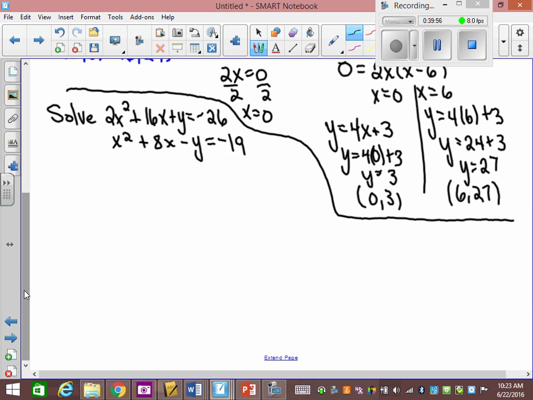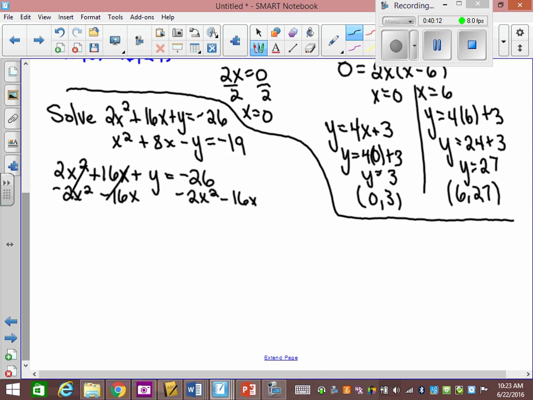Okay, first step is getting to y equals. So I'm going to move these over there. 2x squared plus 16x plus y. Subtract 2x squared, subtract 16x, because I want a positive y. So y equals negative 2x squared minus 16x minus 26.